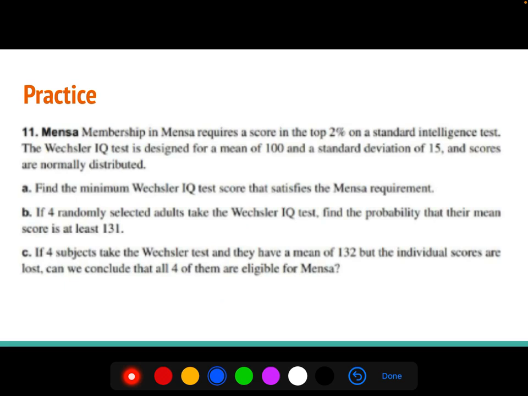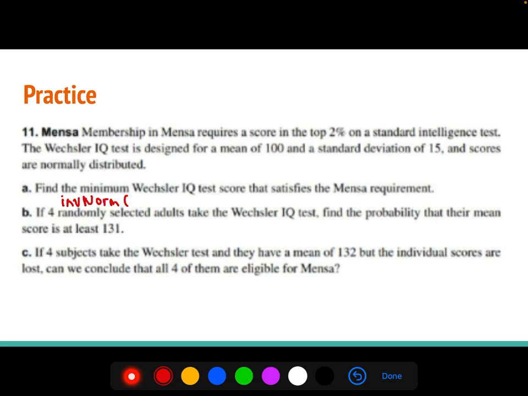All right, Mensa requires a score in the top 2% on a standard intelligence test. The Wechsler has a mean of 100, a standard deviation of 15, and the scores are normally distributed. We're going to find the minimum Wechsler score that satisfies the Mensa requirement.